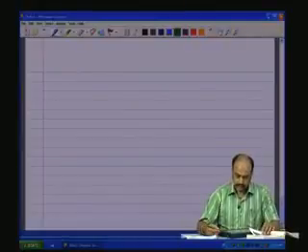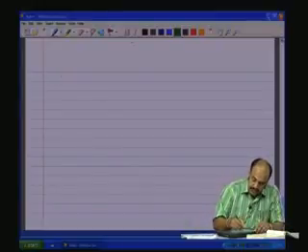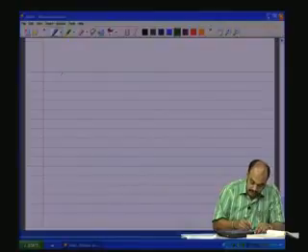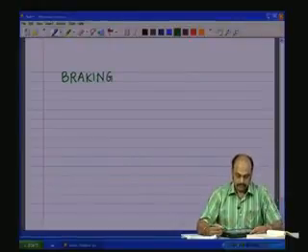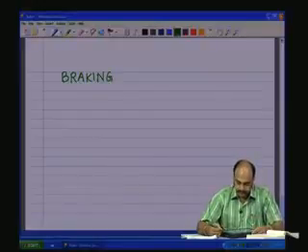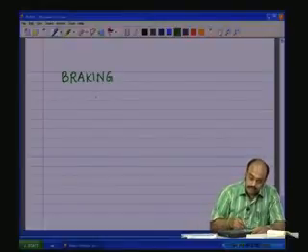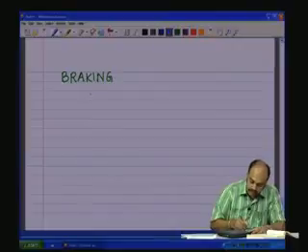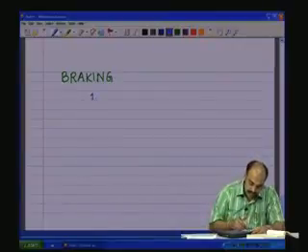Now, we have one more major issue in the motor, and that is how to stop the motor, that is braking. How do we stop the motor? Braking can be accomplished by 4 important methods.